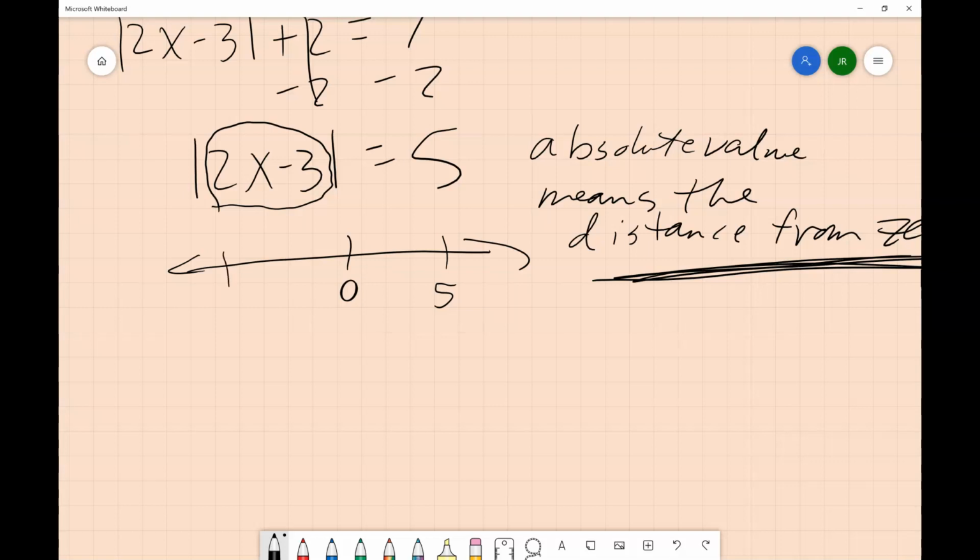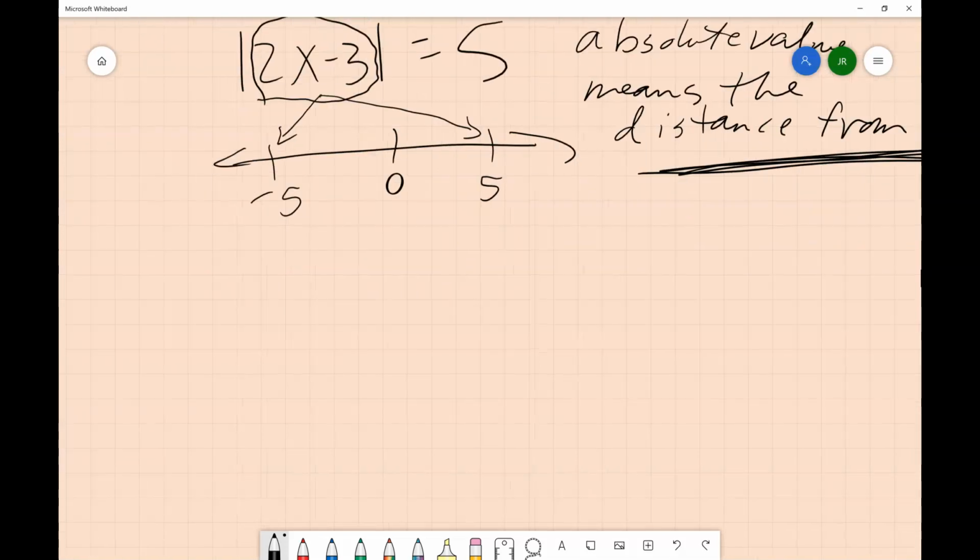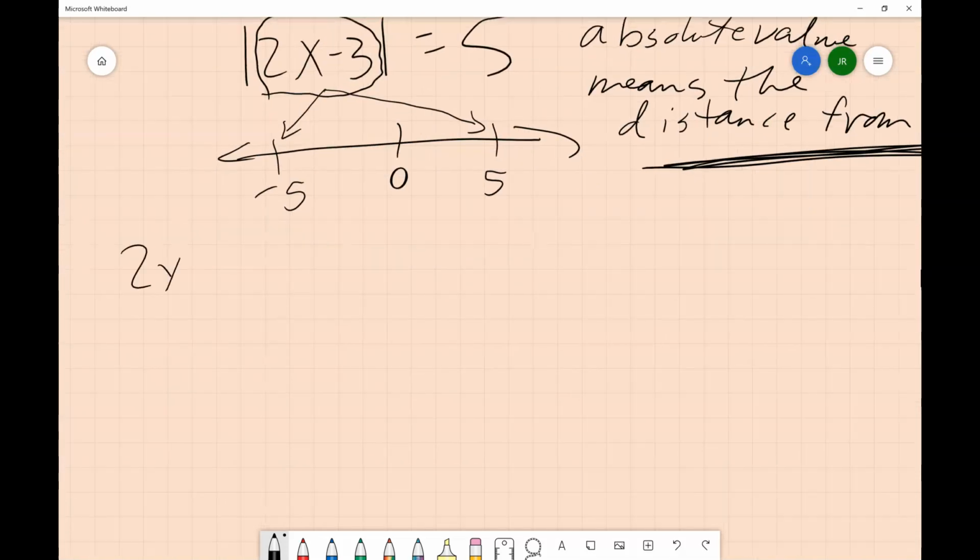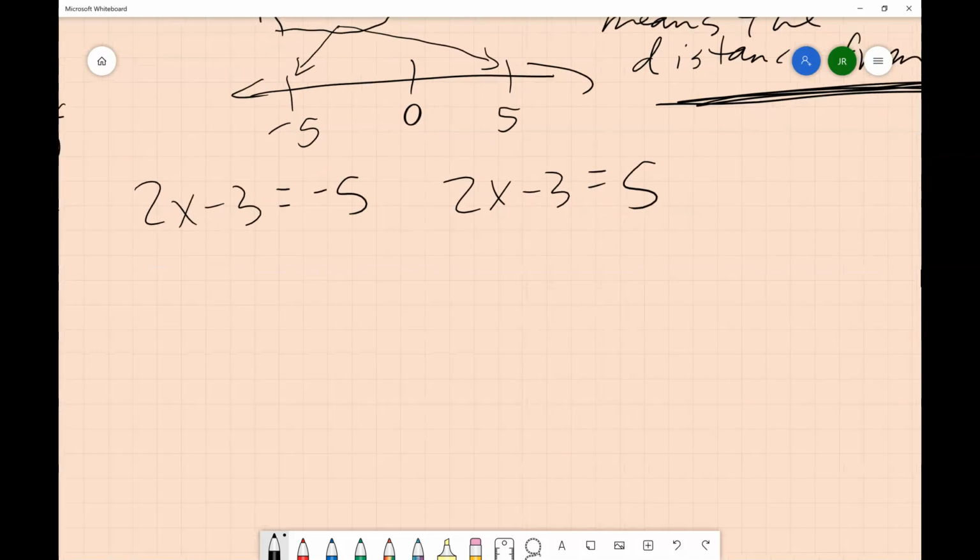Negative 5 is also 5 away from 0. So 2x minus 3 could be at negative 5 or it could be at positive 5. So we solve them both. We say 2x minus 3 equals negative 5, and we say 2x minus 3 equals positive 5. And we solve them both.